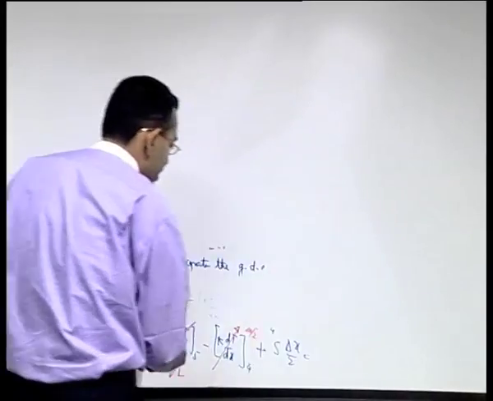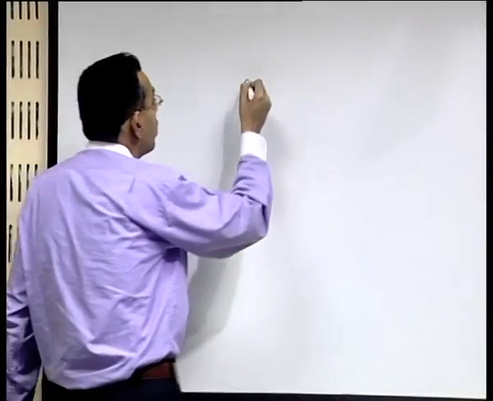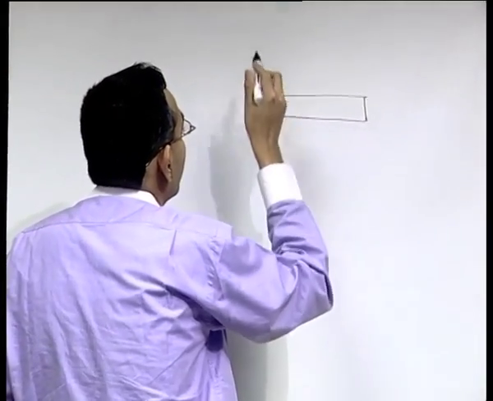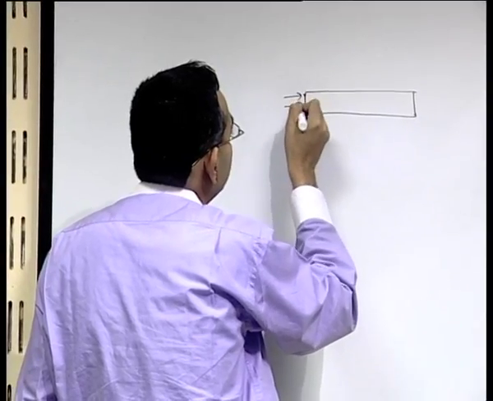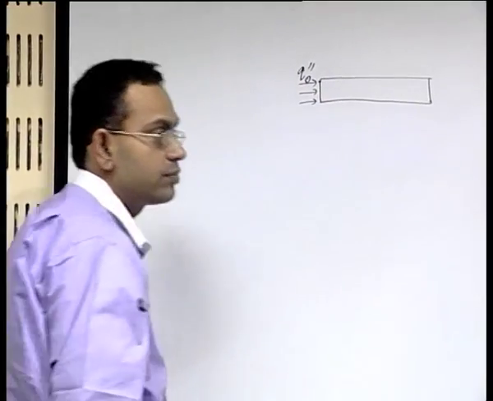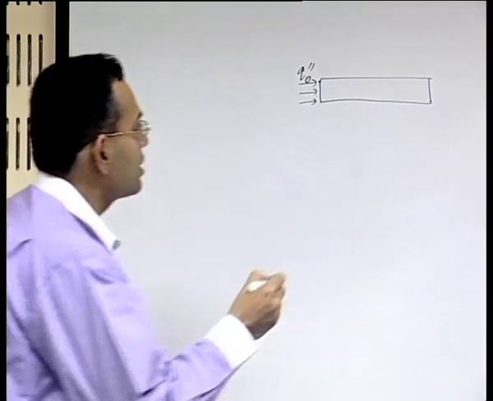Let us say that you have a domain like this, there is some heat flux which is into the domain at x equal to 0. So, what does this heat flux do?